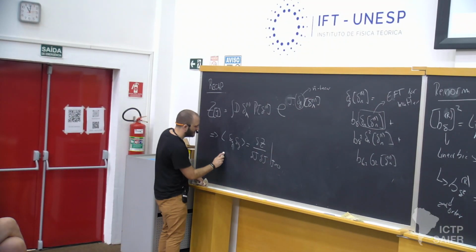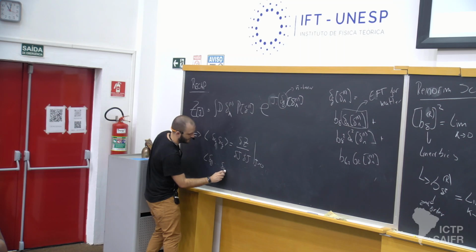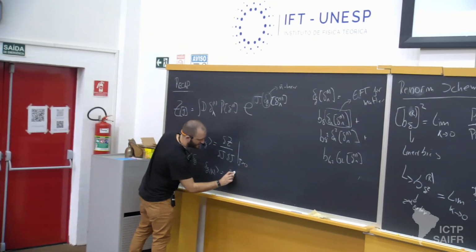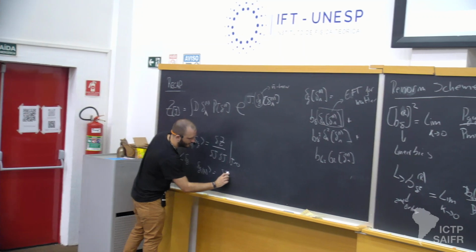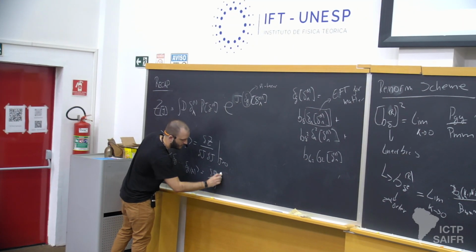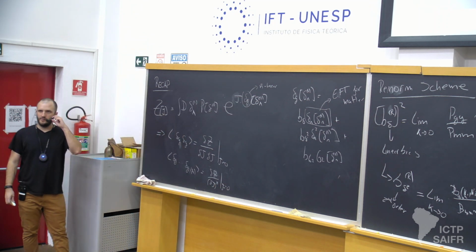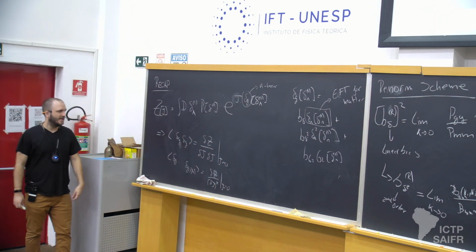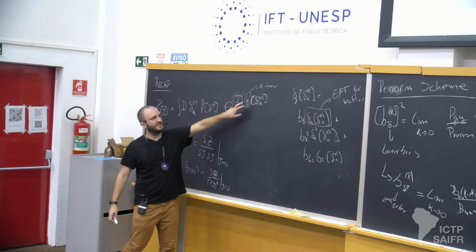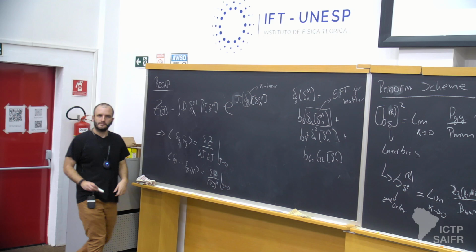Or generically, if I want to calculate n-point functions, I just take n derivatives of my partition function. Is it clear? Because when I take derivatives here, the delta g drops, and this is what I get.